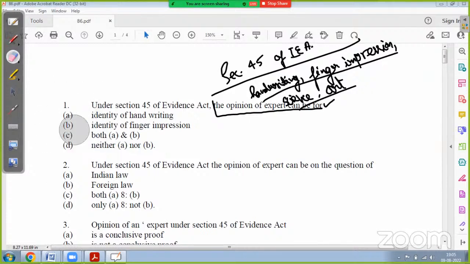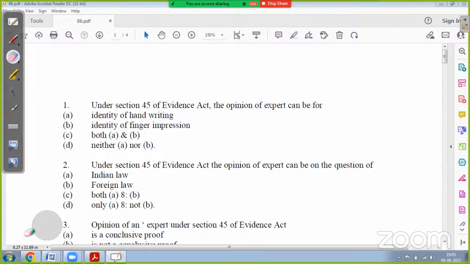Now moving towards next question. What is the next question saying? Under section 45 of Indian Evidence Act, the opinion of the expert can be on the question of. Your options are Indian law, foreign law, both A and B, and only A, not B. What should be the correct answer?